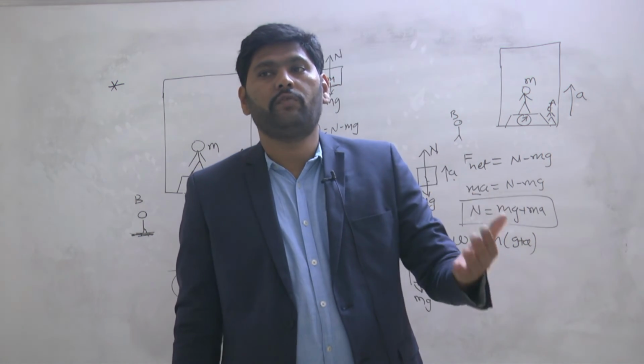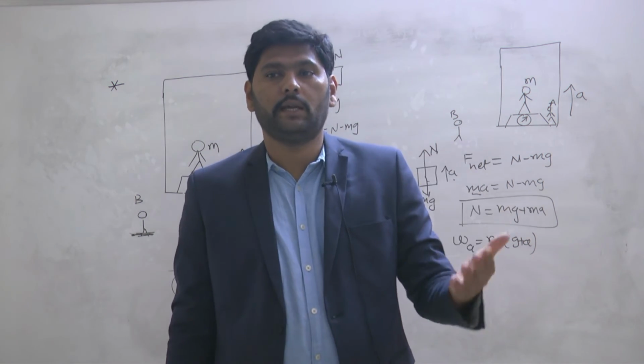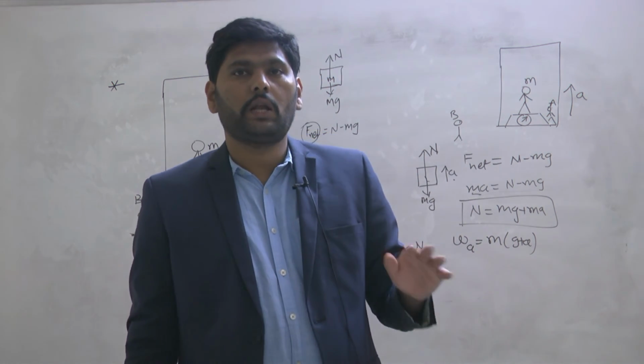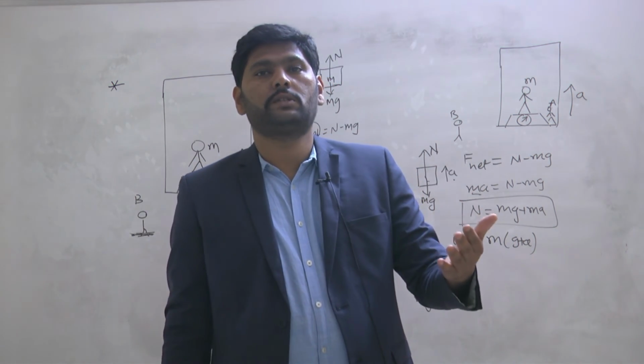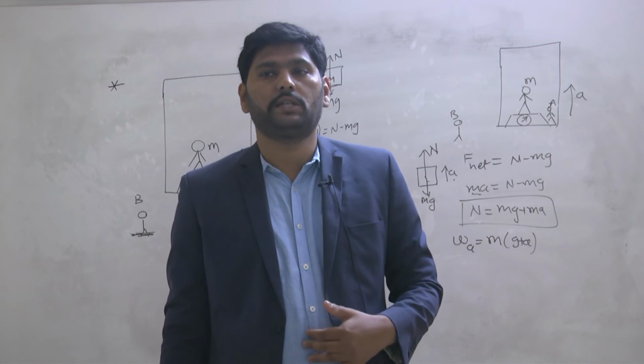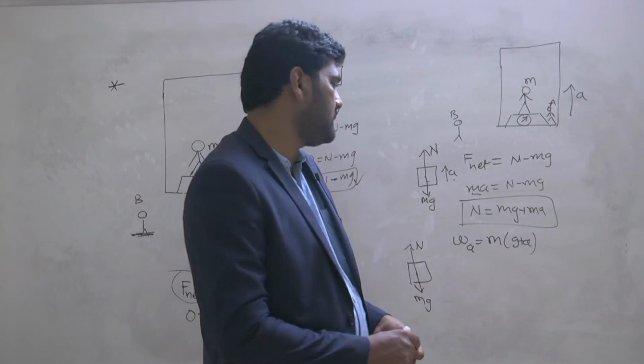When you observe any object's motion from a non-inertial reference frame, you should consider one extra force called pseudo force. The pseudo force is always taken opposite to the acceleration.